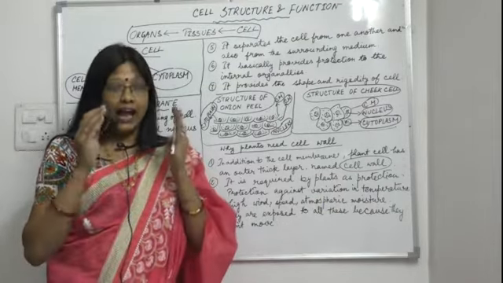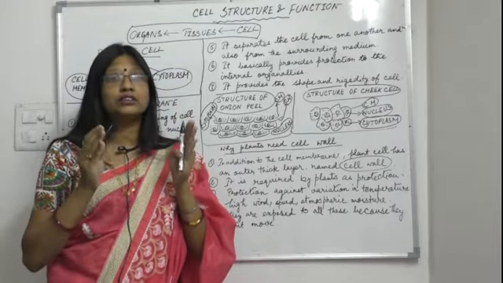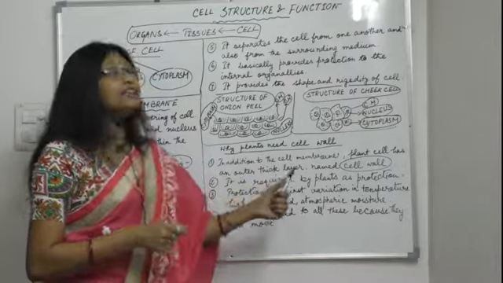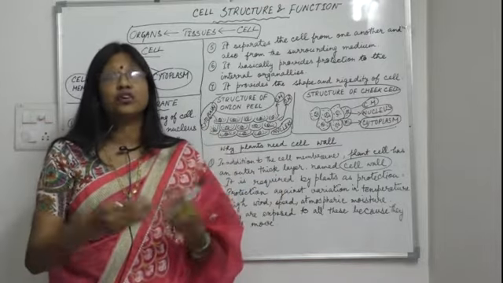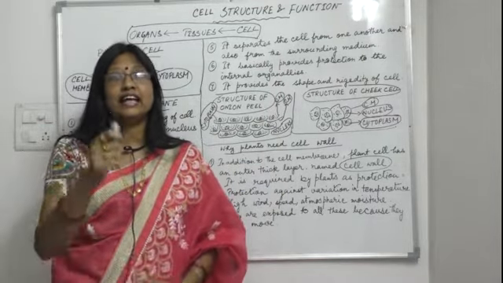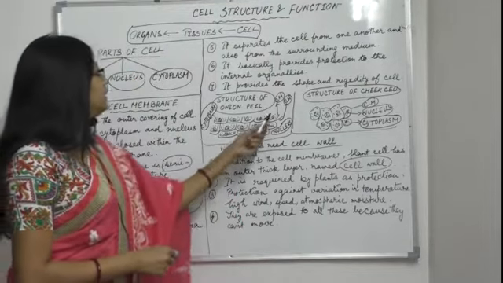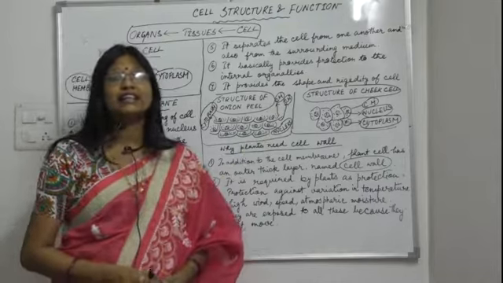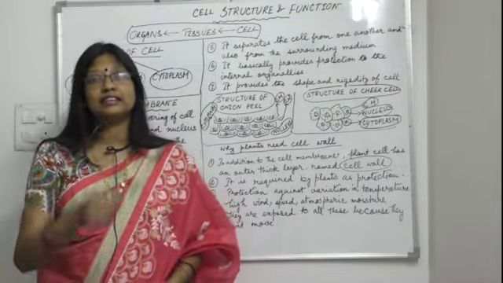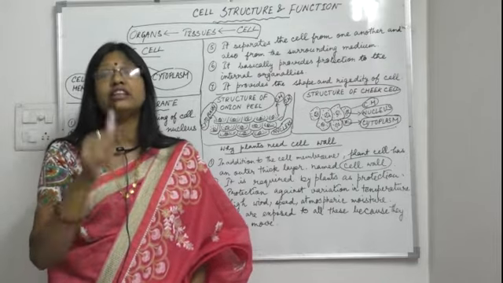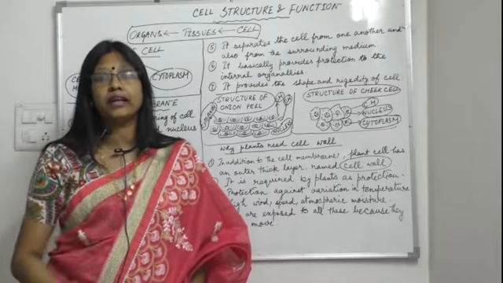As they have to stay fixed in one place, they need much more protection. That is why they need another protective layer, called the cell wall. That is why a plant cell has a cell wall, but an animal cell does not. It has only the cell membrane.